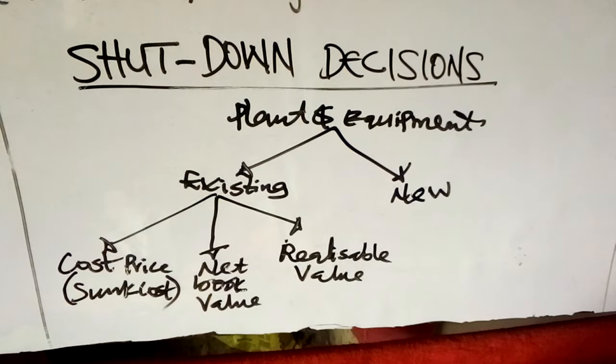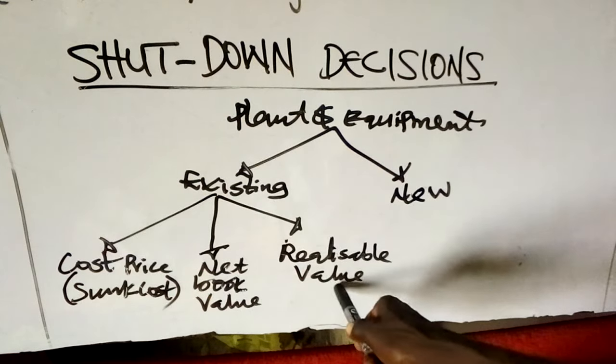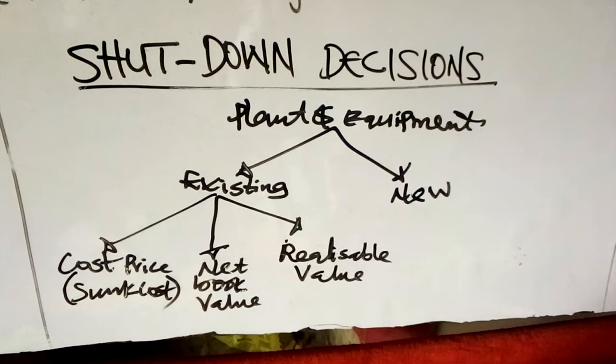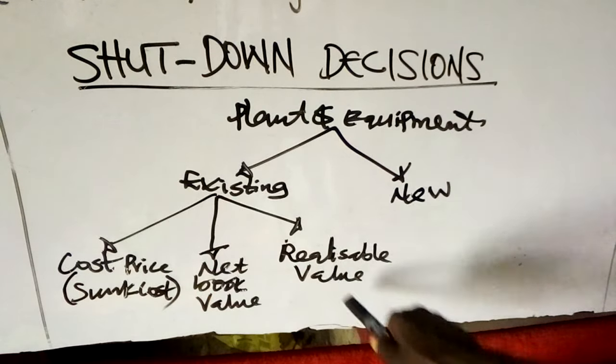The third one I'm going to look at is the realizable value. The word realize means to sell. By undertaking the project, we miss out on the opportunity of selling the asset. If you undertake the project, you will not be able to sell the asset because you want to use it in that project. Since that asset will be used in that project, you will lose the opportunity of selling it.